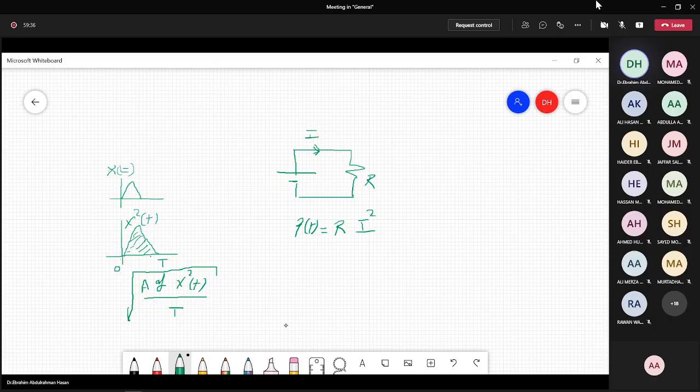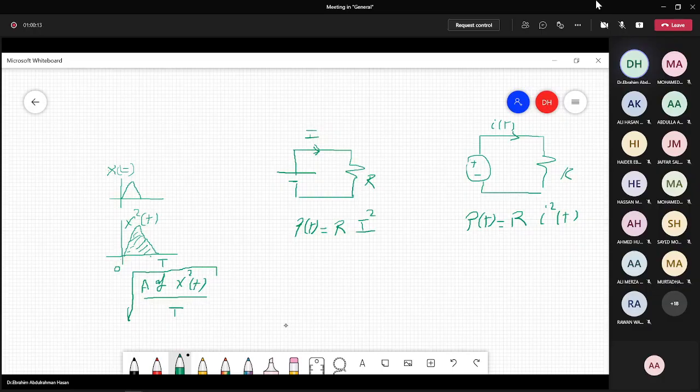If we have some variable source, a function of time, connected to the same R, so here we have I of t, then P of t is equal to R multiplied by I squared t. This is the instantaneous value.